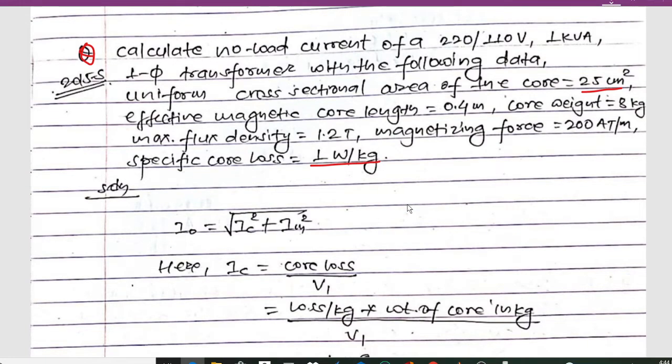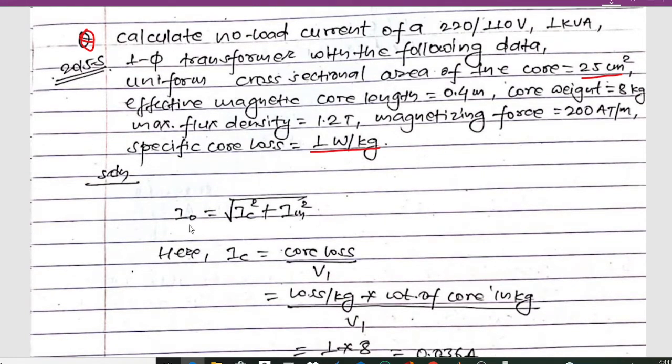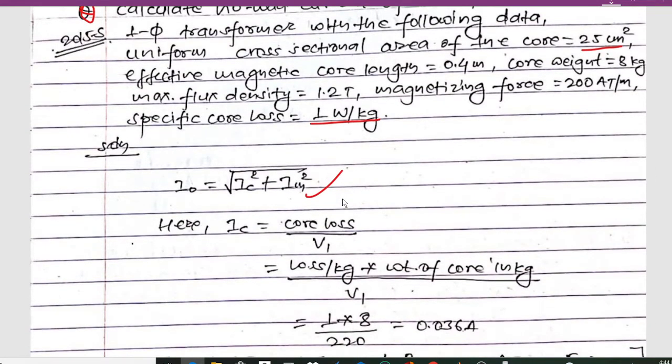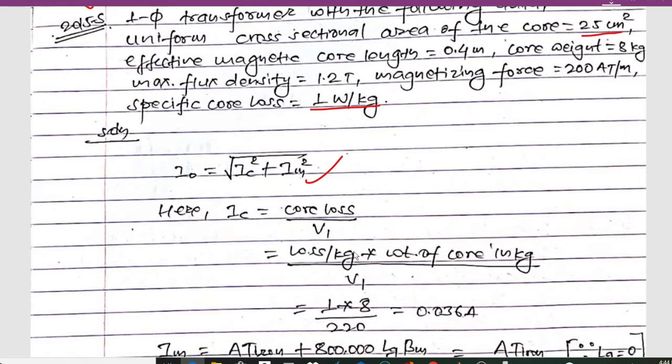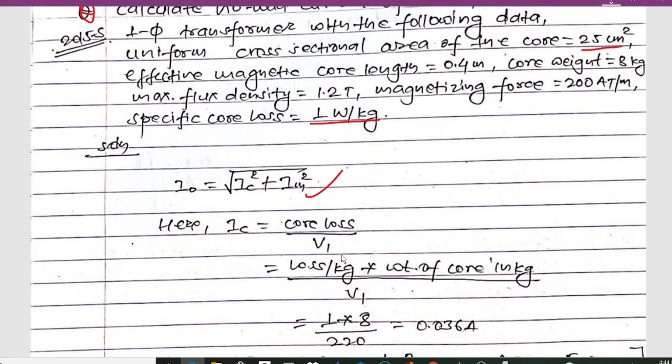So for no load current, here we have the formula as I naught is equals to root under Ic square plus Im square. So first we need to calculate the value of Ic. So for Ic, core loss upon V1, and core loss is calculated as loss per kg into weight of core in kg.